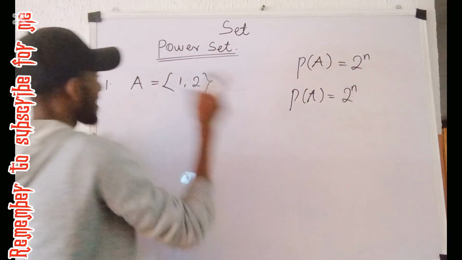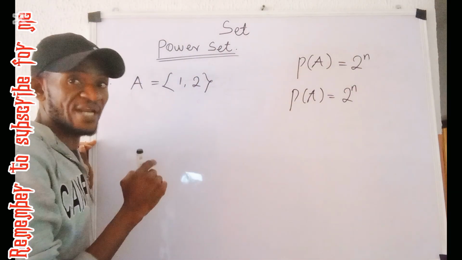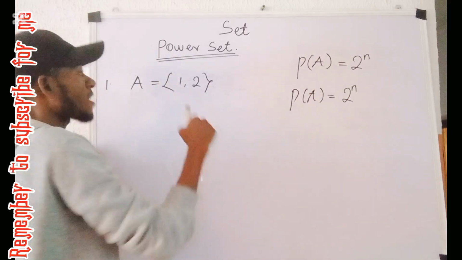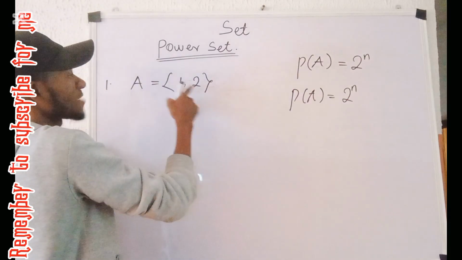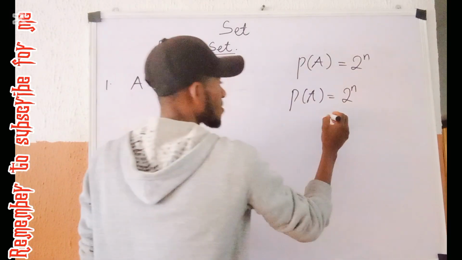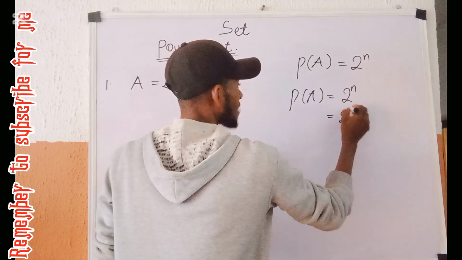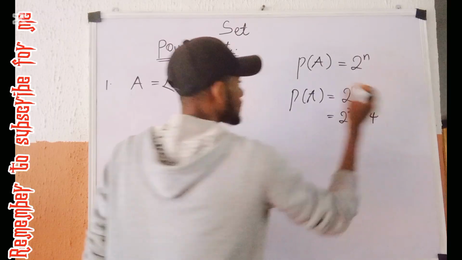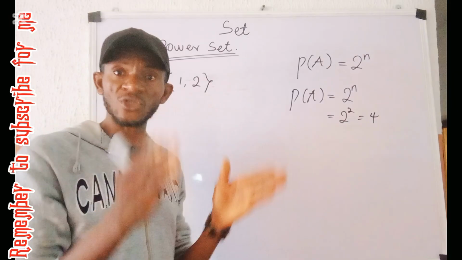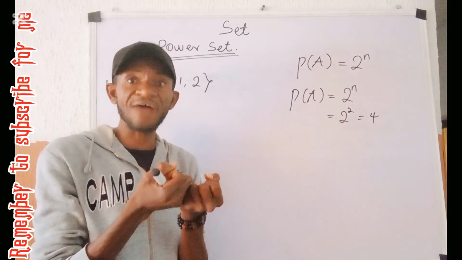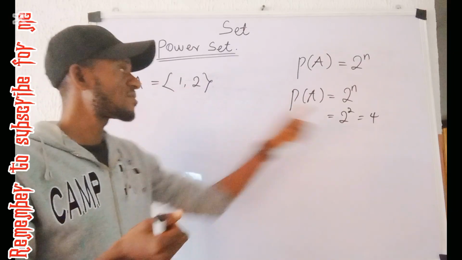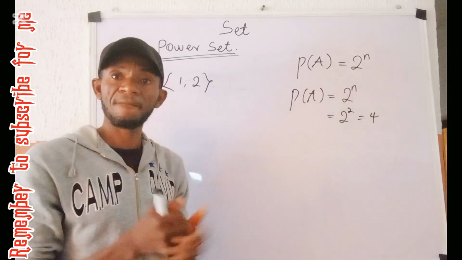And this time around, our N is talking about the number of elements contained in A. And the number of elements contained in A here is 1, 2. So our N assumes the value of 2, which becomes 2 raised to power 2, which is equal to 4. So the number of possible subsets that one can have from a set A having 2 elements is 4.